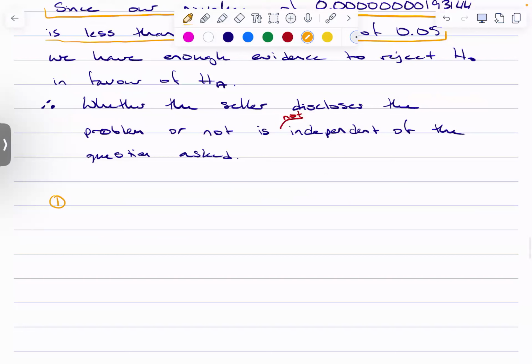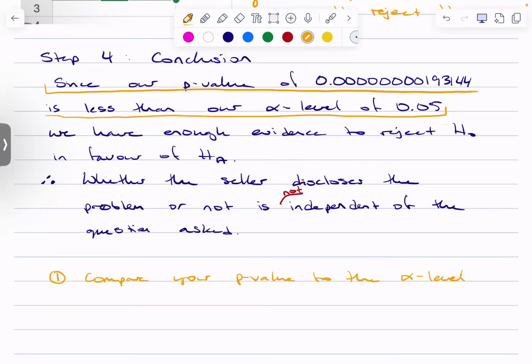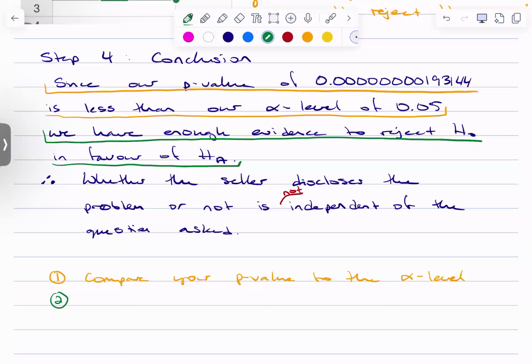Part 1, compare your p-value to the alpha level. Is it less than the alpha level or is it not less than the alpha level? The second part is, what's your conclusion in terms of the null hypothesis?